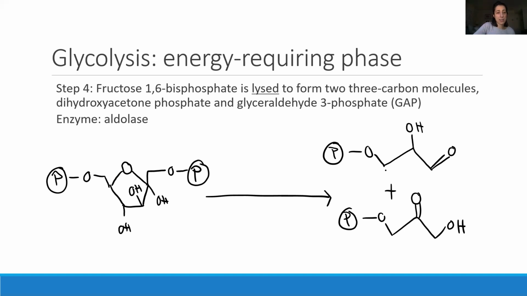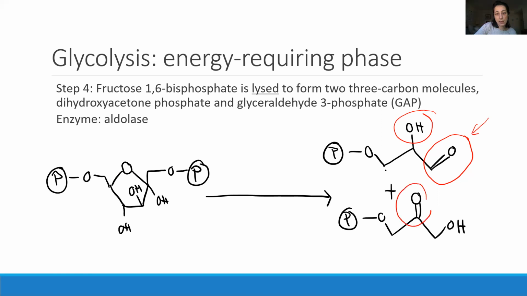And you can actually see I've drawn them out here. When we split this molecule in half, it splits pretty evenly, but we have a slight difference. Notice that here we have an OH group and here we have an aldehyde group. This is a carbonyl group at the end of a molecule.